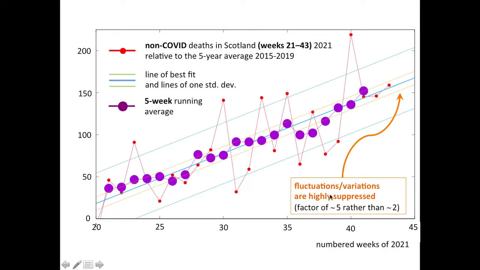Whereas again, naively, we would expect a factor of about 2 if these were typical fluctuations. So already we're getting an insight that there's something a bit unusual maybe about this data. We got a very high degree of suppression of the fluctuations just by doing a 5-week running average. And one thing we see very clearly from this running average curve is that the data is really increasing very smoothly. So there's certainly an increasing trend in this period.